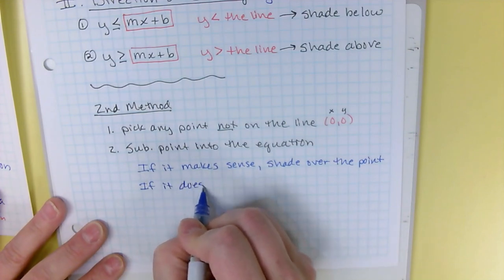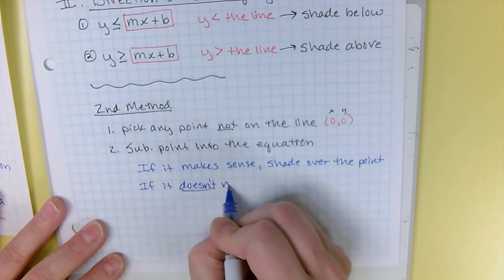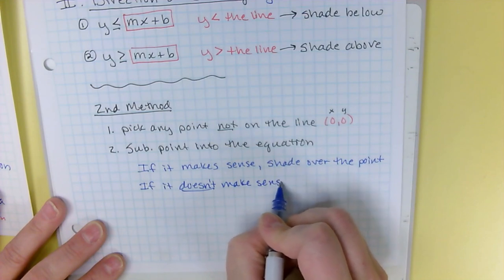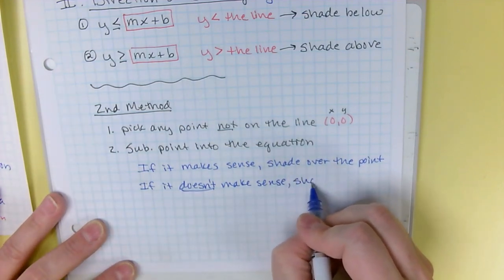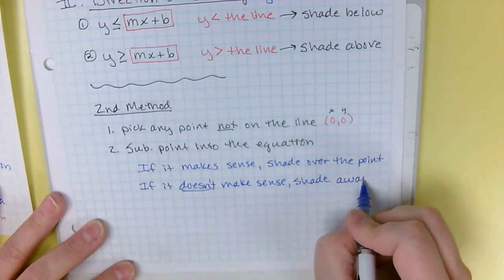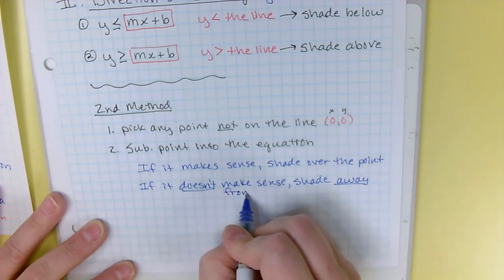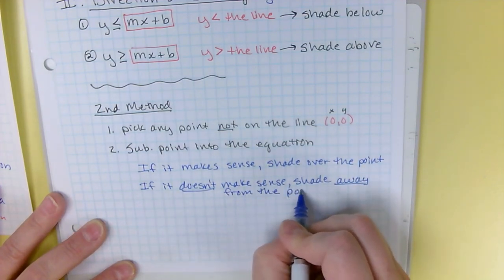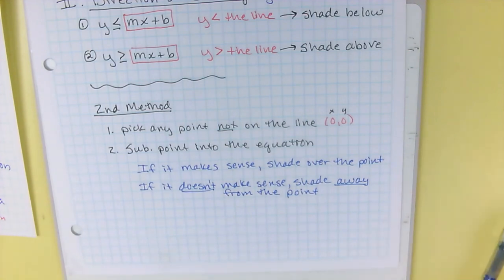If it doesn't make sense, then you're going to shade away from the point. This means that your point was not a solution, so the shading isn't in the area with the point. It's on the other side of the line. So if your point works, shade over it, that's a solution area. If your point doesn't work, shade the opposite way because your point isn't in a solution area.